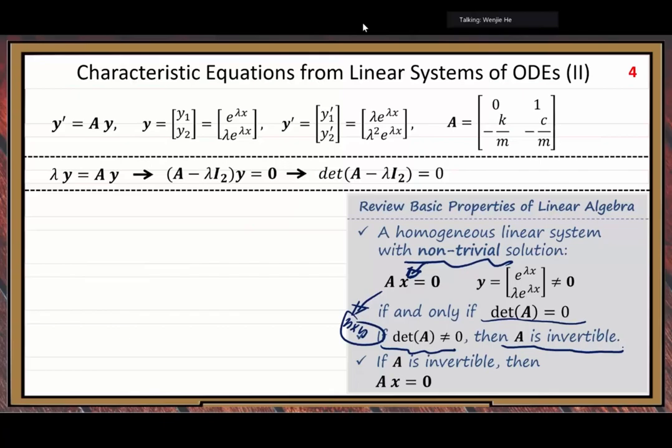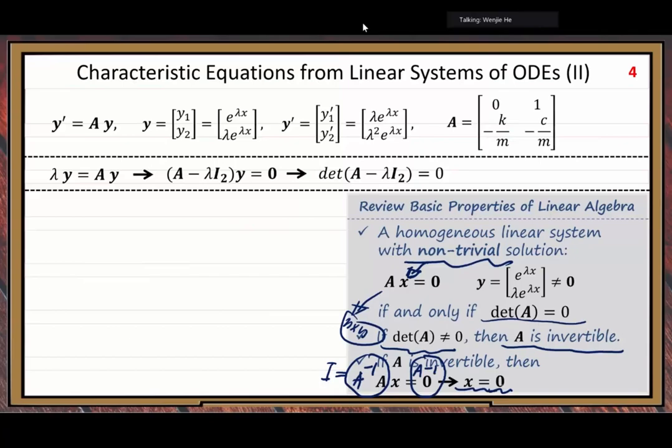There is an inverse matrix of A. If we multiply the inverse matrix on the left-hand side, A inverse, then the right-hand side will also be multiplied by A inverse. A inverse times 0 equals 0. A inverse times A equals the identity matrix, right? Identity matrix times X equals X. So we can get X equals 0.